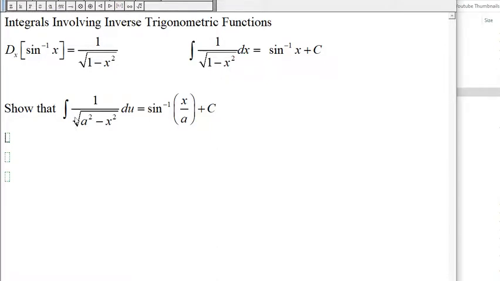And so first, let's simplify this. This is the same as if we factor out the a squared. To factor out the a squared, just put the a squared in front of the parentheses and then divide everything by a squared. So a squared divided by a squared is 1, and then minus x squared divided by a squared.